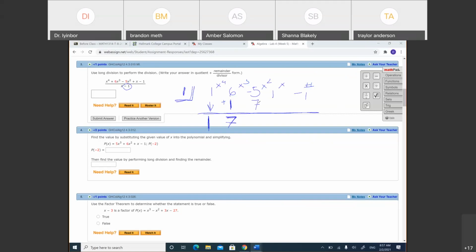Okay? So bring down 1, multiply by the number in front, so it's going to be times 1. That gives me 1. Add it with 6 is 7, and that I'm going to multiply by 1 again. So that's 7. 7 and -5. When I add 7 and -5, it's going to be just 2, because 7 minus 5 technically is 2.